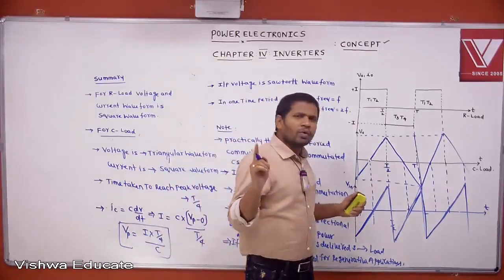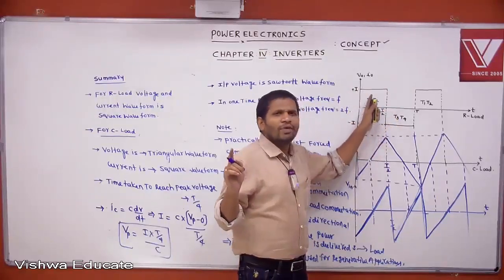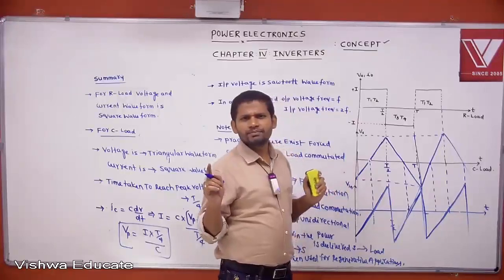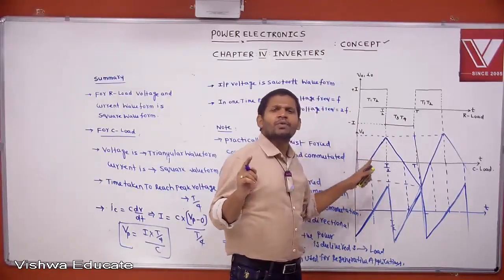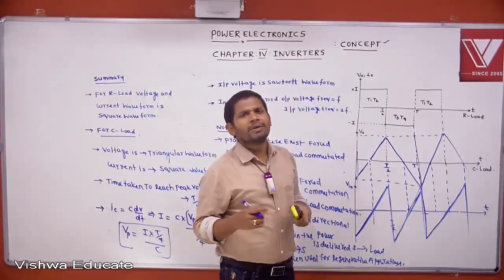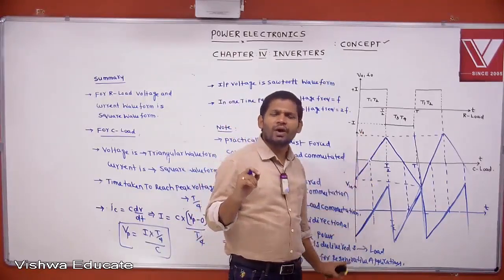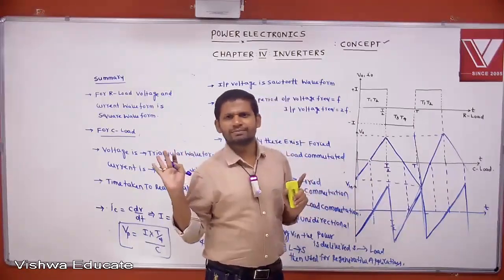Another point to remember: even though I am drawing a pure square waveform here, practically you don't expect a pure square waveform. Even though I am drawing a pure triangular waveform, practically you don't expect one. There must be some distortion. These are only ideal waveforms; practically the waveforms are distorted.